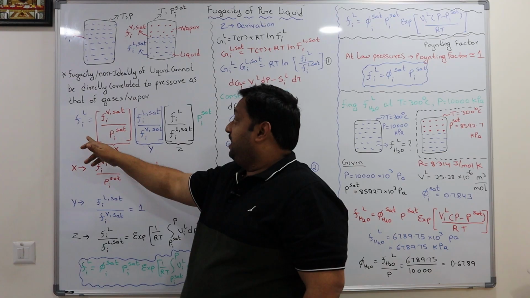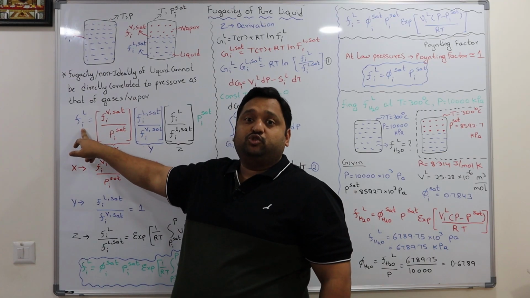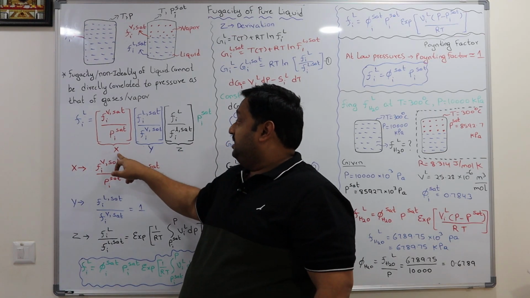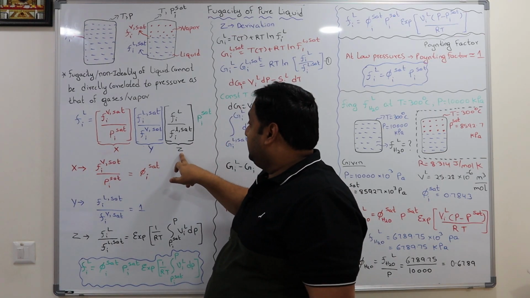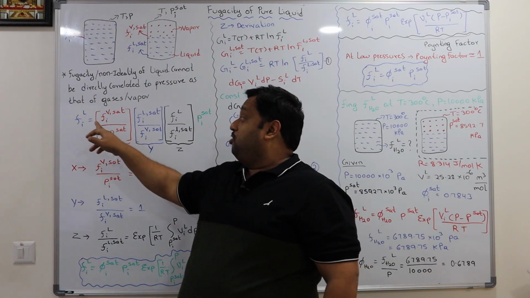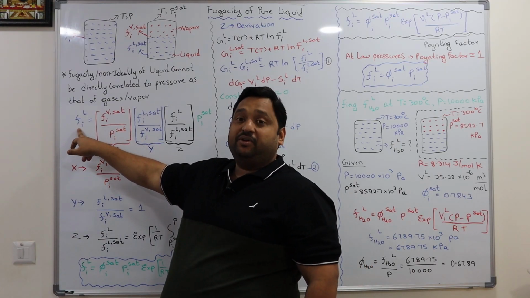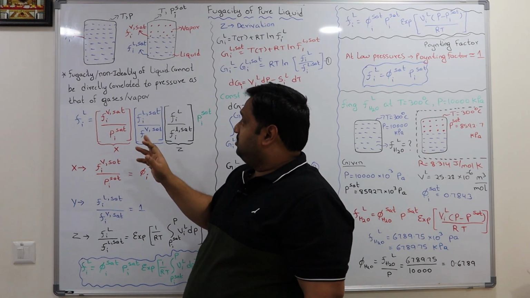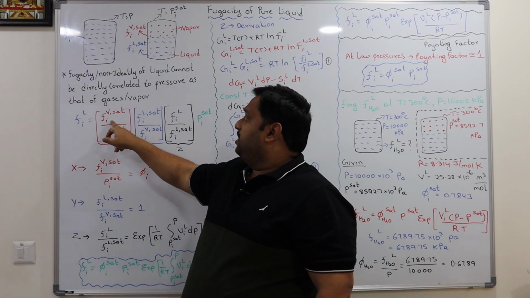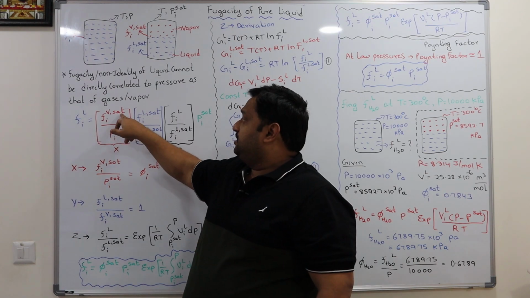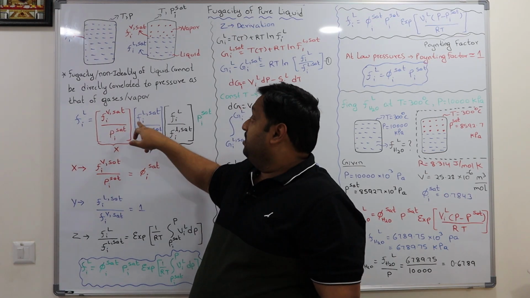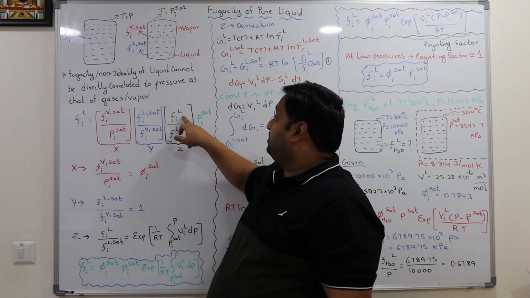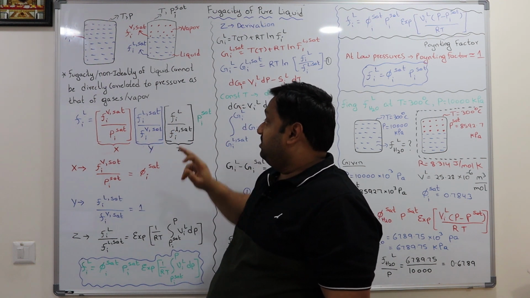Imagine we take the fugacity of the liquid that you are supposed to estimate. You need to take four terms: the X term, Y term, Z term and P_i^sat. So you have to rewrite this fugacity of the liquid in terms of these four expressions: fugacity of vapor at saturation divided by P_i^sat, fugacity of liquid divided by fugacity of vapor at saturation, and fugacity of liquid divided by fugacity of liquid at saturated conditions.